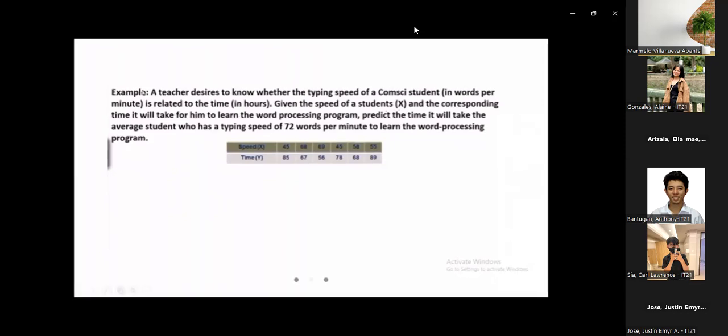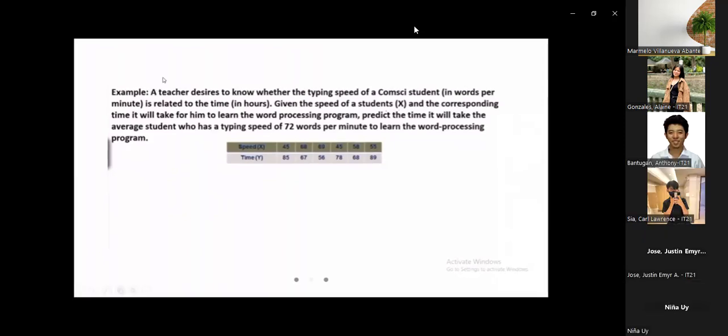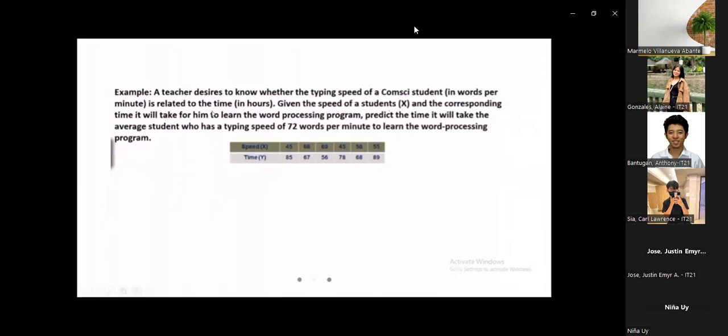So, sa problem na to, gustong malaman ng teacher kung related ba yung typing speed, which is the words per minute, kung gaano kabilis nila matututunan yung word processing program.